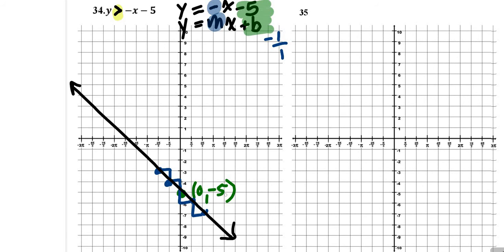But there is no equality here. So we do not use a solid line. Instead, because it's greater than whatever this is, we have to use a dashed line. Dashed line means start here but not include this. So when you graph, you would use a dashed line.